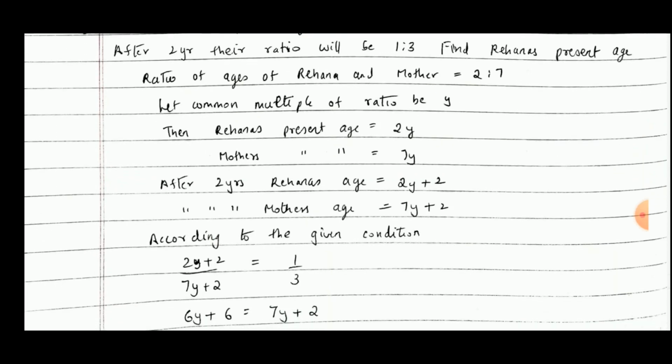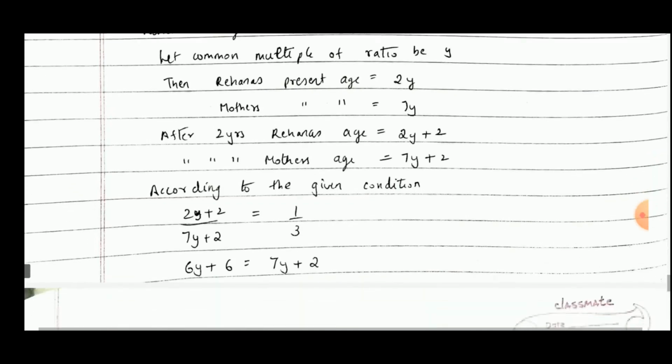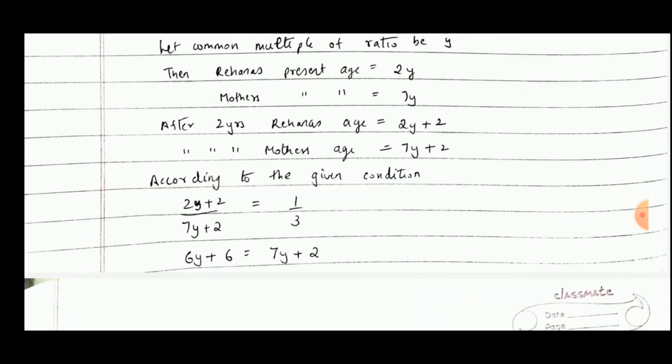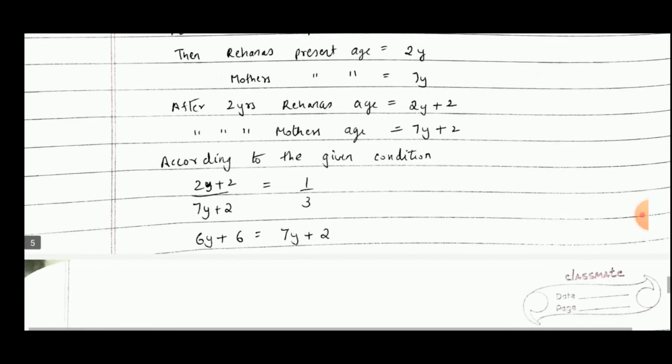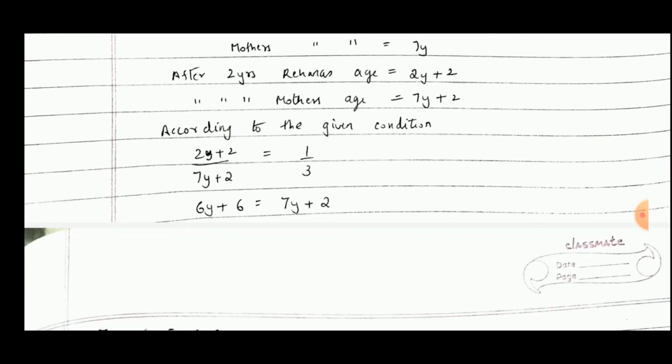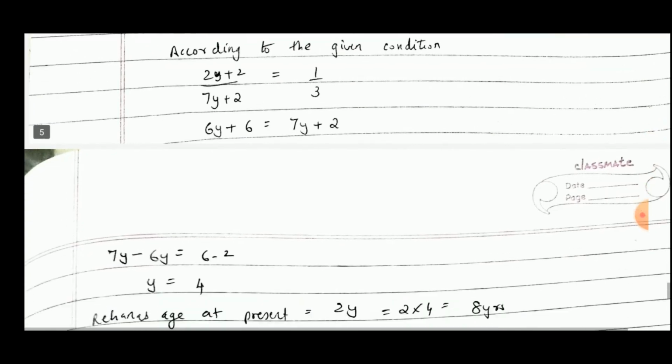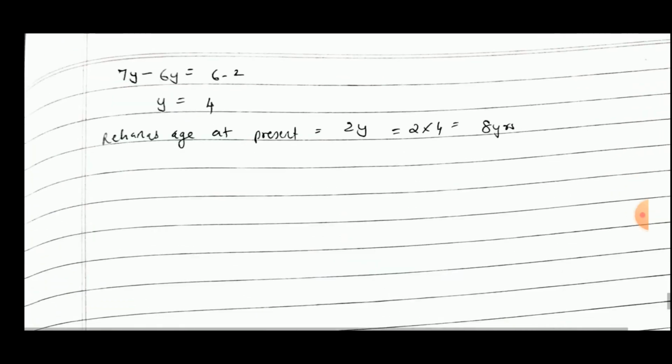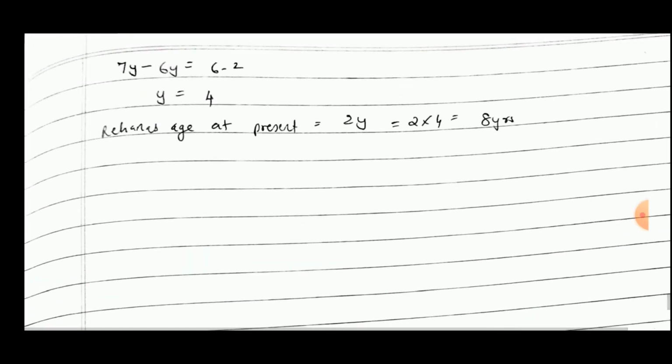After 2 years, add 2 years to the present age: Rehana's age will be 2y plus 2 and mother's age will be 7y plus 2. According to the given condition, 2y plus 2 upon 7y plus 2 is equal to 1 upon 3. So 6y plus 6 is equal to 7y plus 2. So 7y minus 6y is equal to 6 minus 2. So y is equal to 4. So Rehana's present age is 2 into y, that is 2 into 4, equal to 8 years.